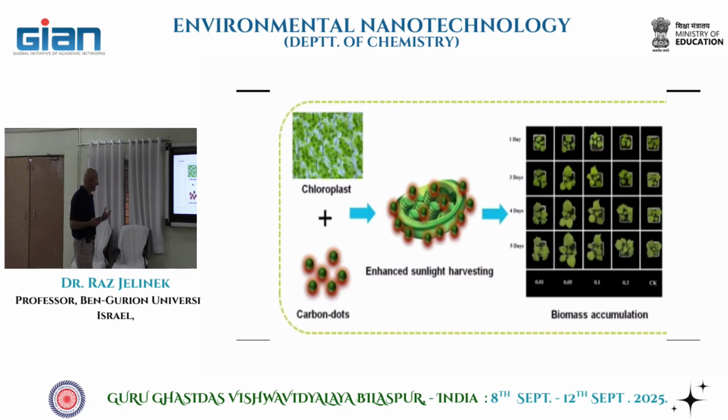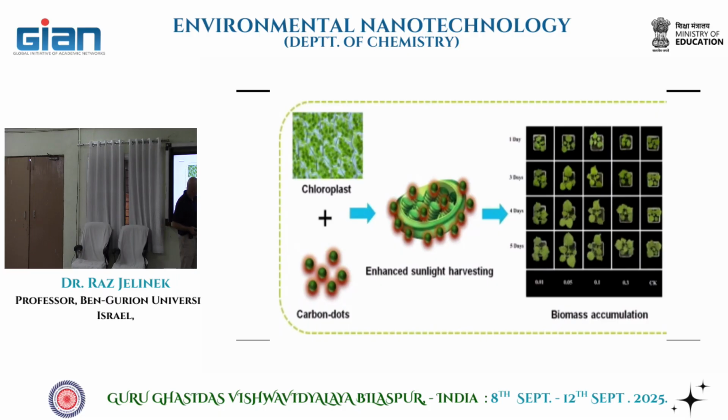This is just an example of research where people took carbon dots and mixed them with chloroplast. Chloroplasts are the organelles in the plants that are responsible for photosynthesis, and they found that the carbon dots go into the chloroplast and help cells with photosynthesis.